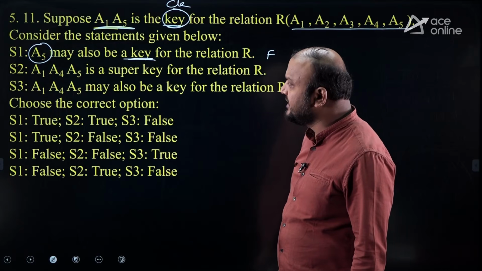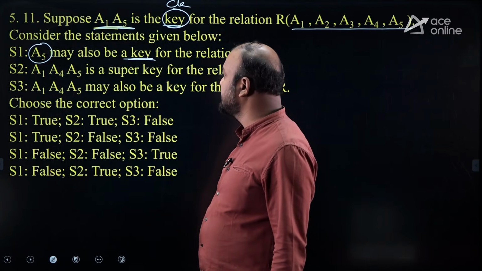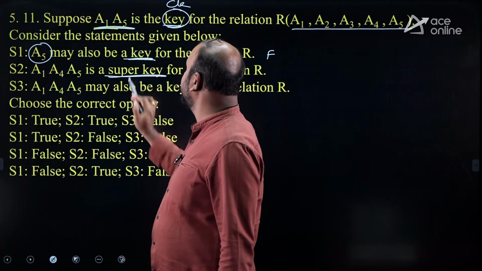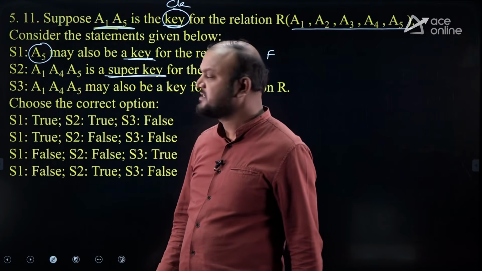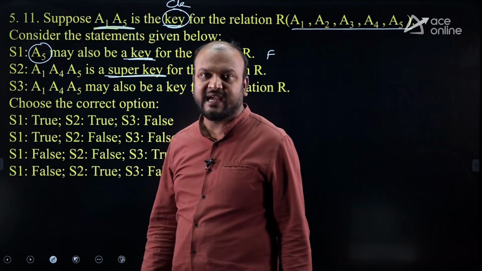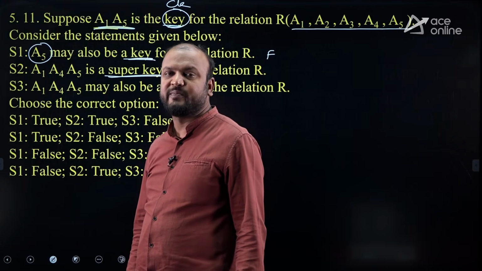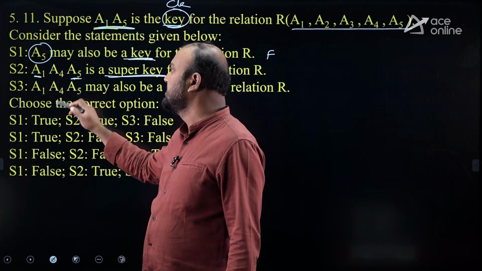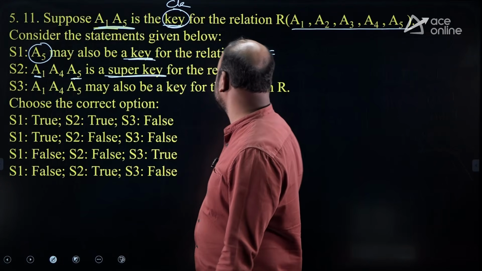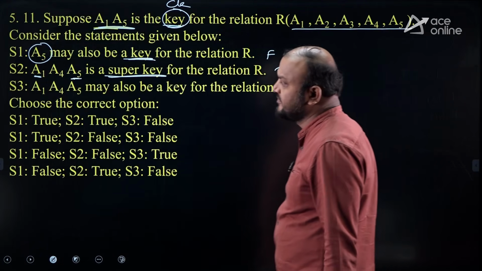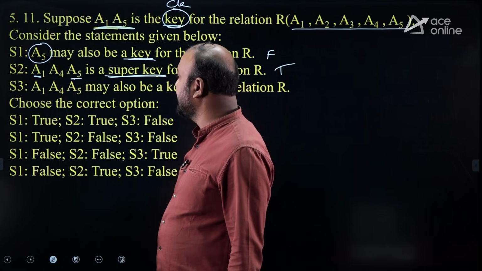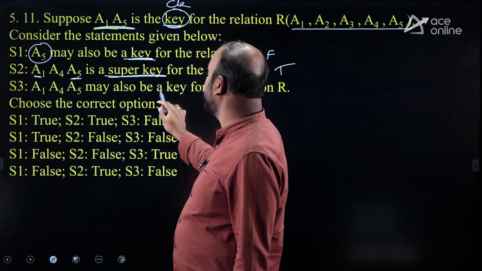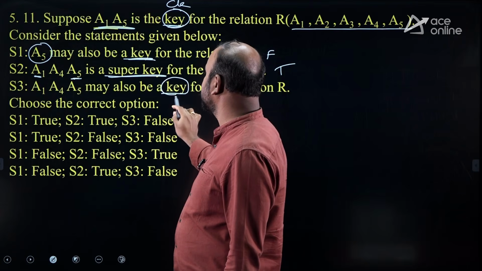And A1, A4, A5 is a super key. If it is to be a super key, what is required? It requires a candidate key, or we can say a super key is a superset of a candidate key. Like A1, A5 is already there, so its superset is always called a super key. It is a true statement. A1, A4, A5 may be a key, but key in the sense of candidate key.